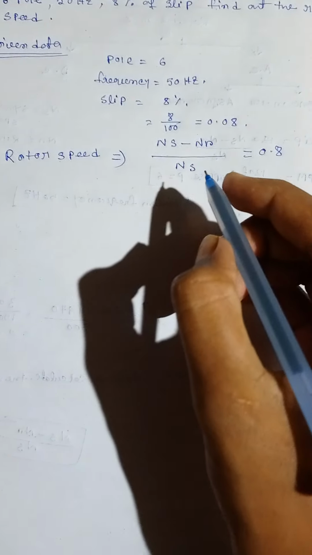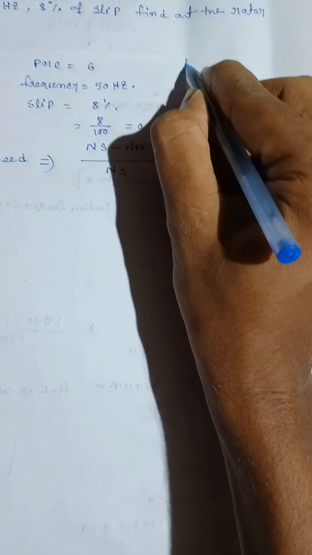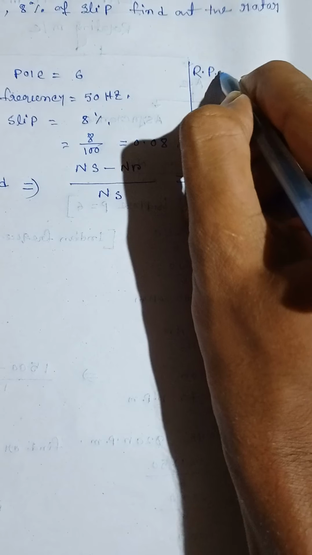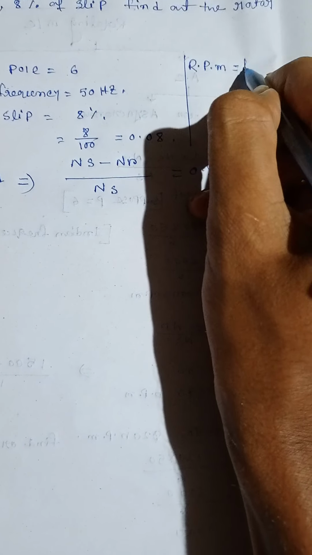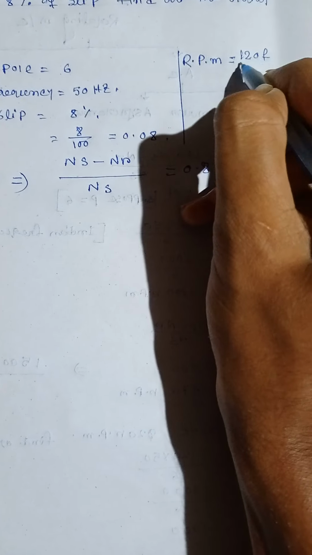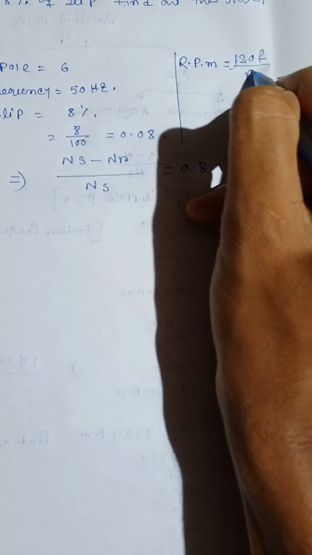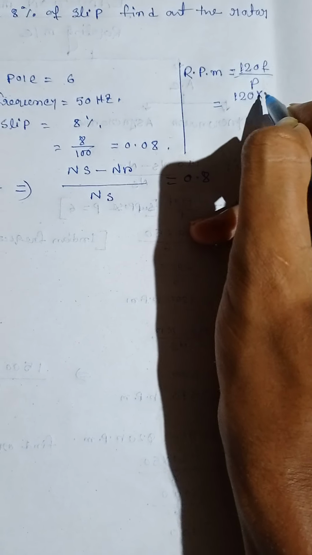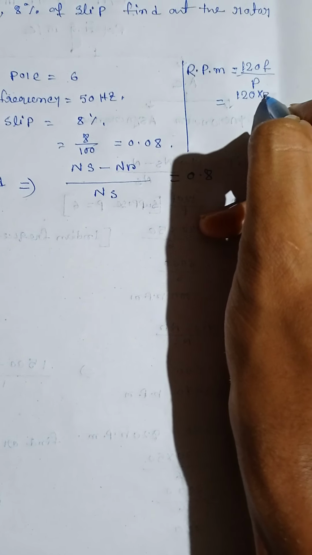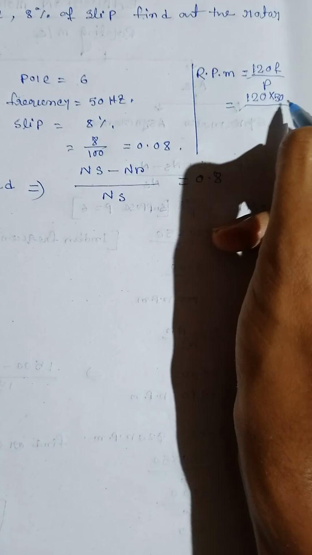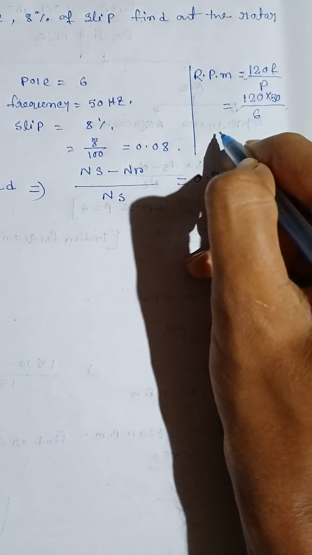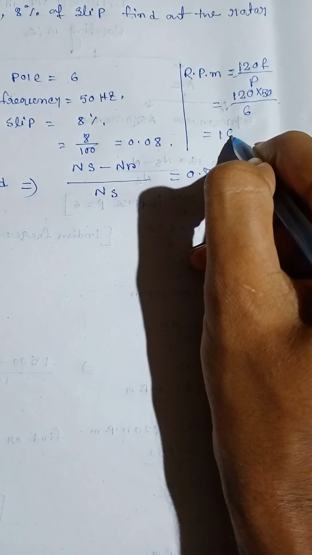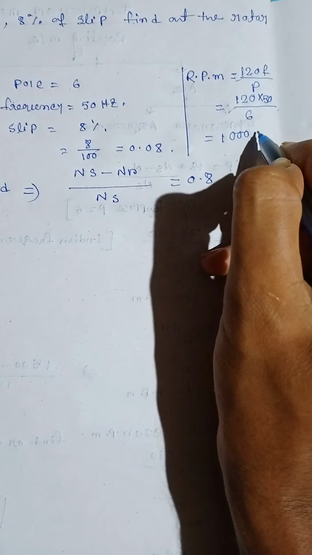And we calculate rpm. Okay, rpm equals 120 f by p, so 120, and the frequency is 50 Hz, so 50, and the pole is 6. When you calculate this, you can say rpm is 1000.